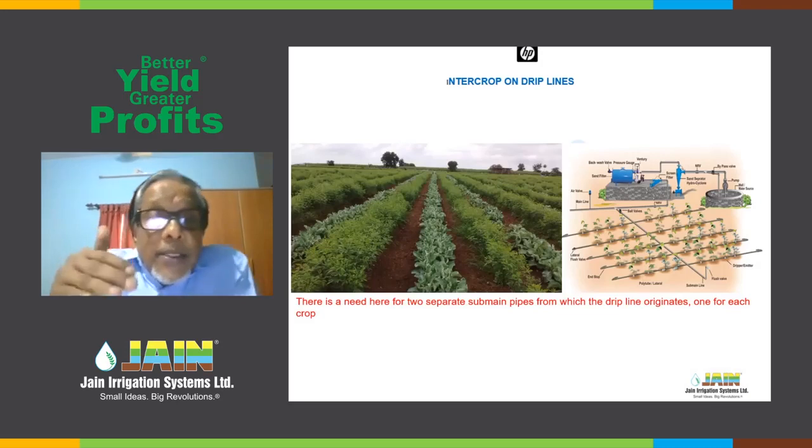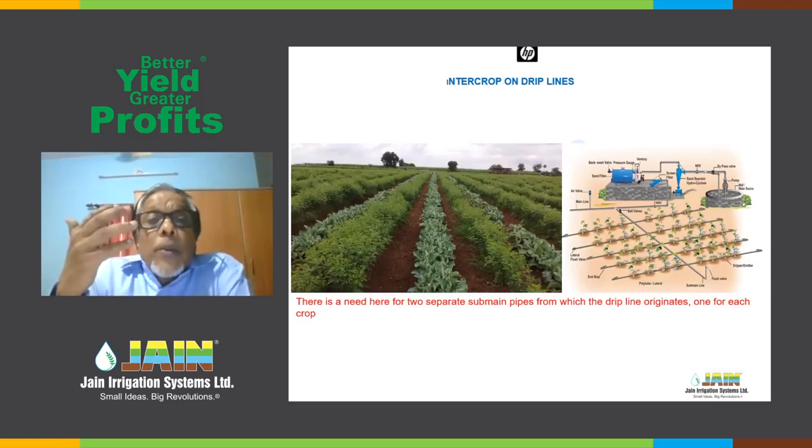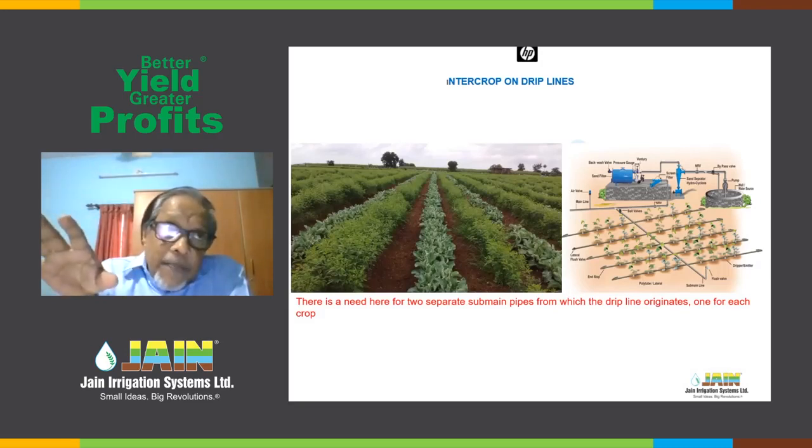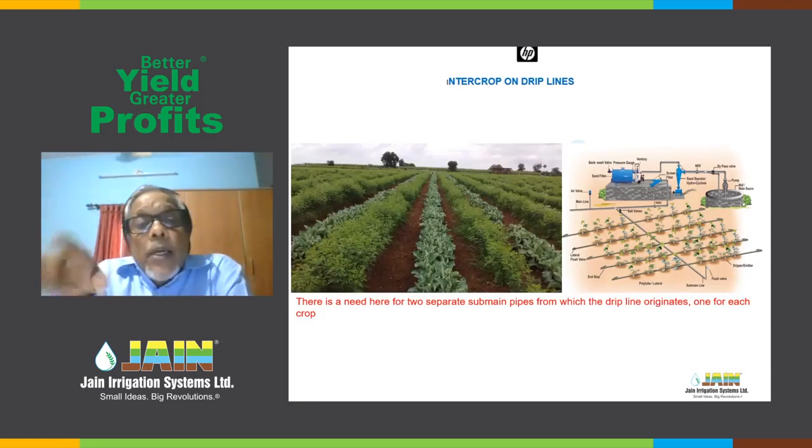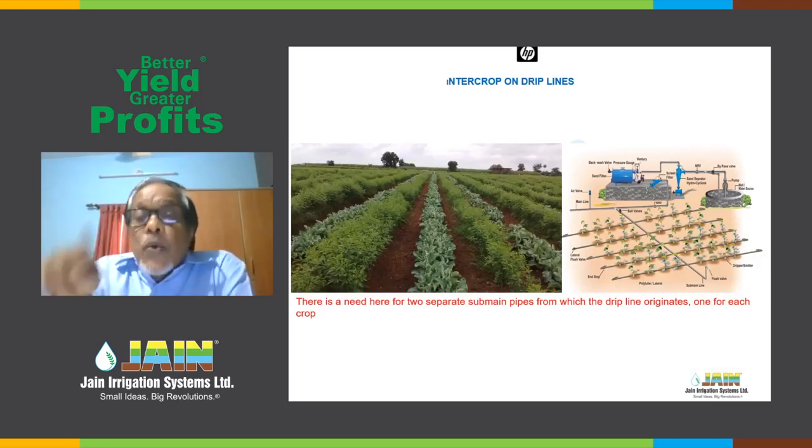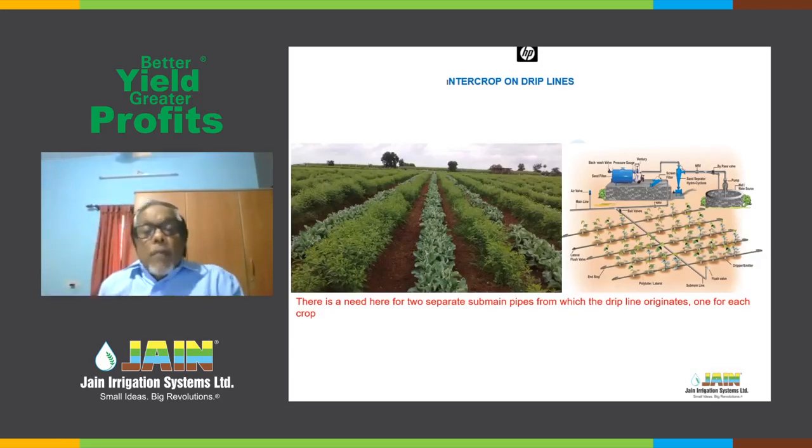One solution is this: when these are to be done, the drip lines have to be separate. Number one. Number two, they have to be given on two separate submains, as if there are two individual crops, even though they are planted one after the other within the land. One row of cabbage, 2 rows of pigeon pea, then 1 row like that, or 2 rows of cabbage, or 2 rows of pigeon pea, whatever it is.